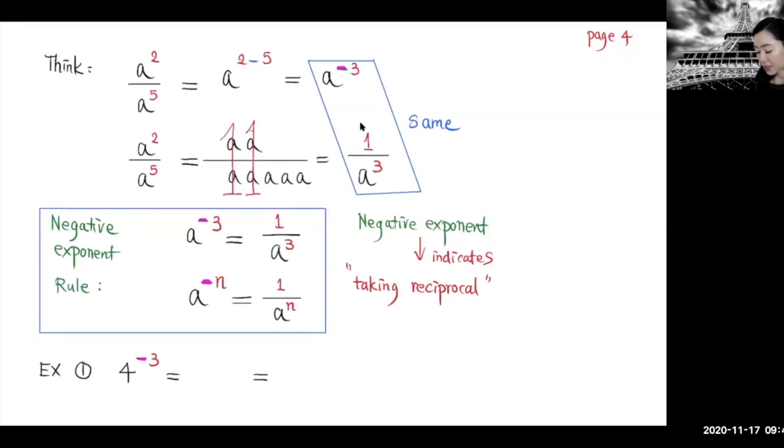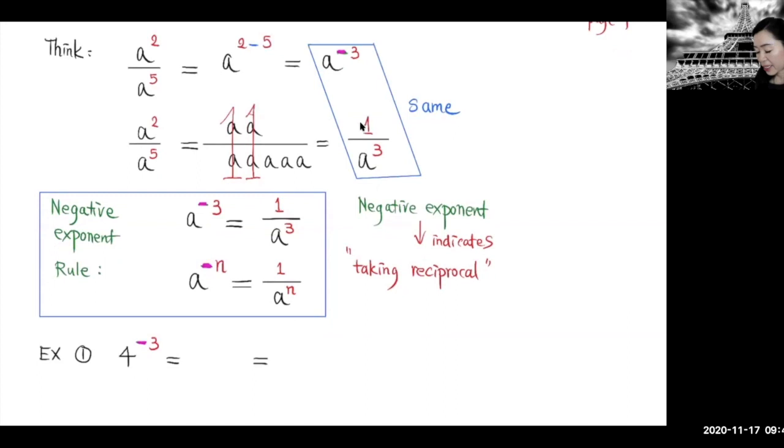In general, a to the negative n exponent, if n is a positive number, is the reciprocal: 1 over a to the positive n exponent.